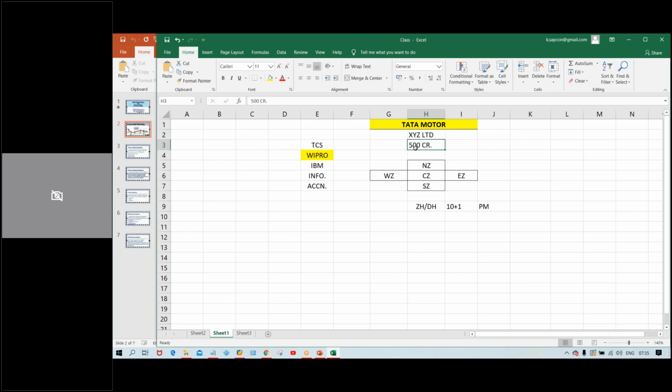Let's suppose for this Tata Motor, the implementation is going to happen here, and a deadline is given of 8 months for the project implementation. Now the question is, when is this deadline going to start, right?